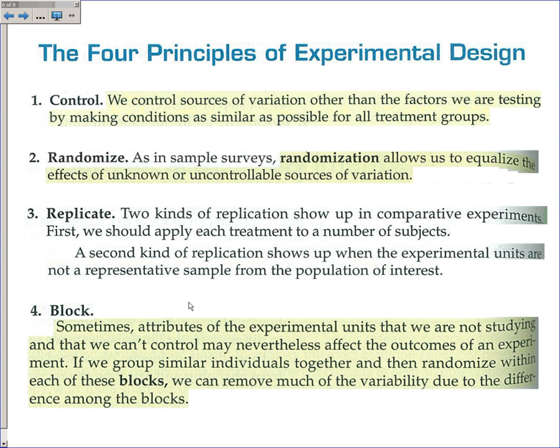So, for example, if you're studying TV watching, or how many times students check Facebook, okay, and you think that there's a difference between students who live on base versus off base. Okay, you may want to block your experiment to students that are on base and off base, and then randomly assign treatments within each of those groups.